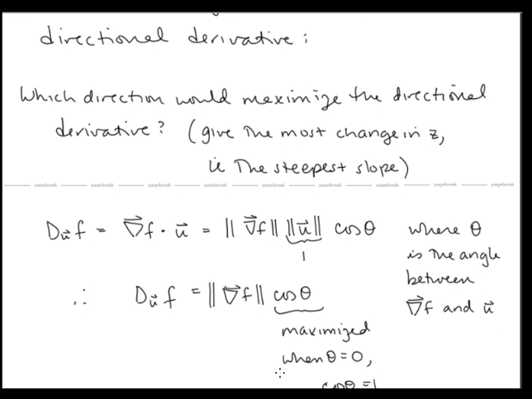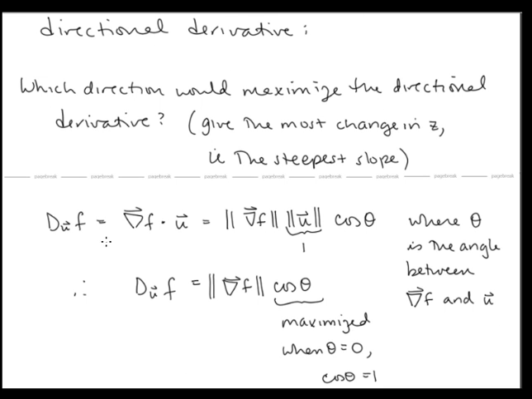Well, let's take a look at our directional derivative. We said that could be written as the gradient of f dotted with unit vector u. Well, we know a dot b is the length of a, length of b, cosine theta, where theta is the angle between the two vectors. So the gradient of f dotted with u is equal to the length of the gradient of f times the length of unit vector u times cosine theta, where theta is the angle between the gradient and the unit vector.